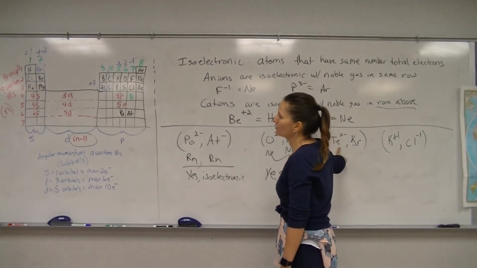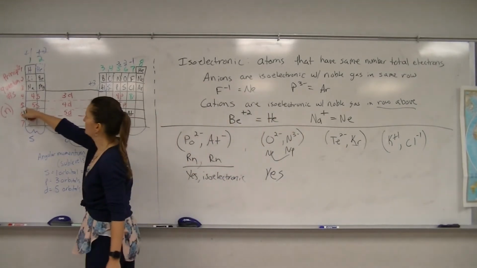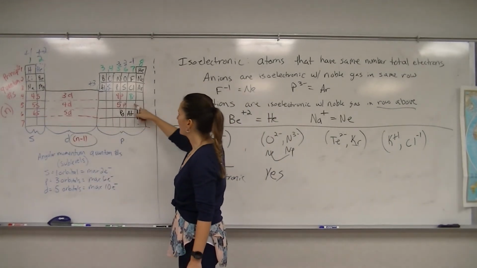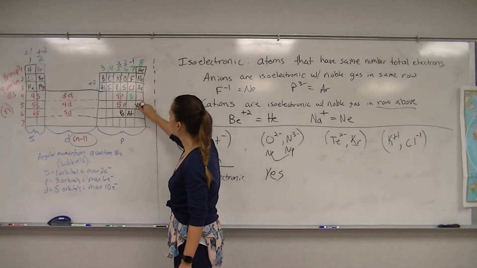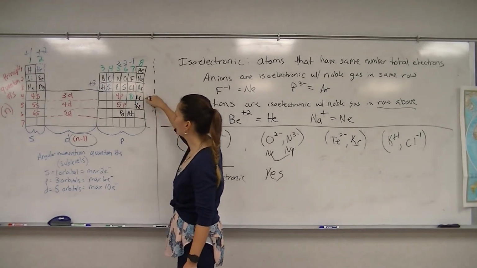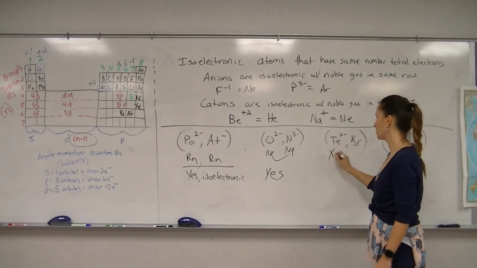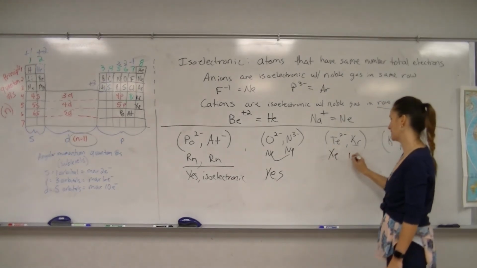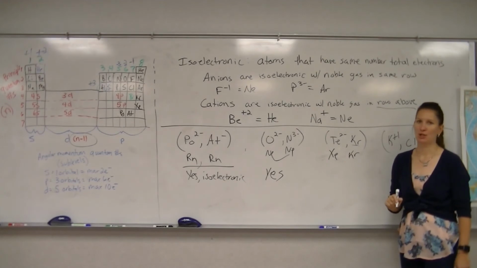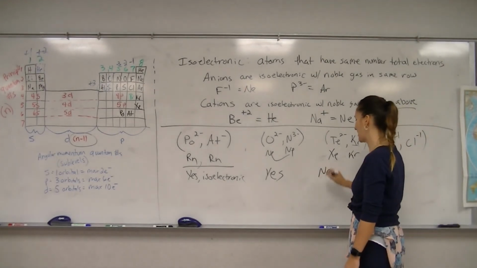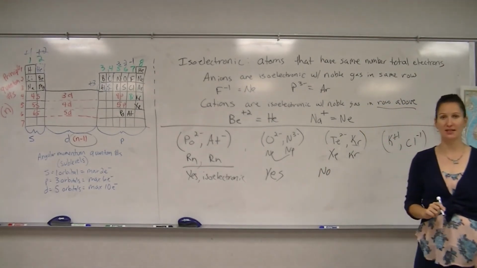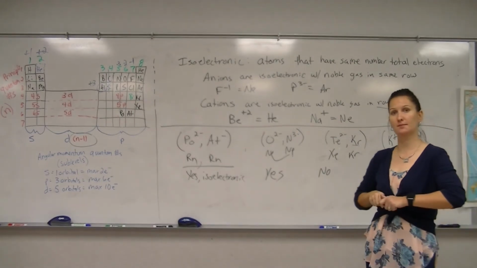The noble gas in period 5 is xenon. Krypton's up here in period 4. So Te's noble gas is xenon. Is that the same as krypton? No. So it's not isoelectronic. They don't have the same number of total electrons.